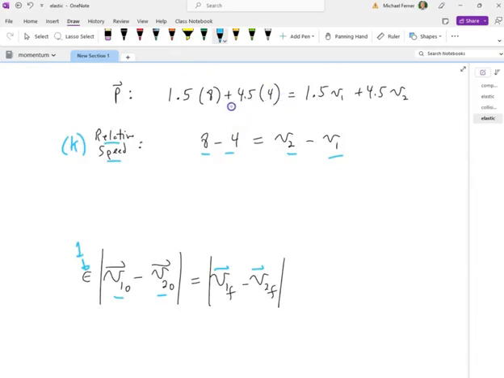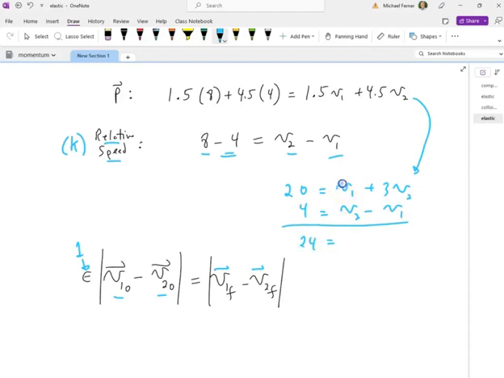If we clean up the first equation, we get 30 equals 1.5 v1 plus 4.5 v2. I could divide by 1.5, though I don't have to. I would have this equation coming from momentum, and if I line that up with the relative speed formula, 4 equals v2 minus v1, then I get simple linear combinations rather than the quadratic formula we saw earlier.